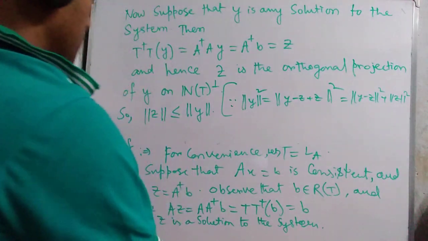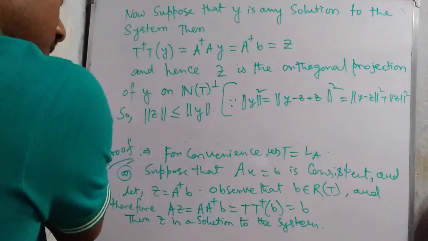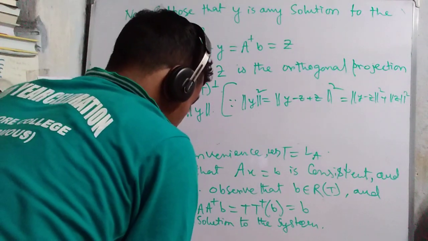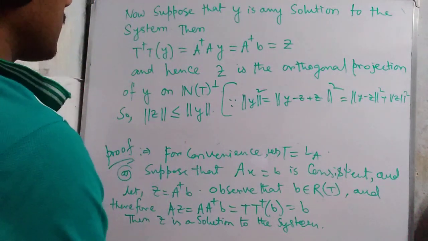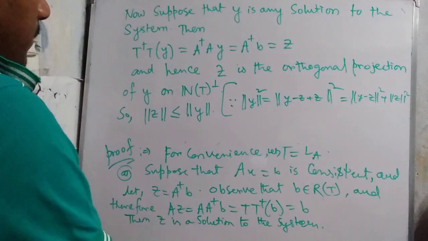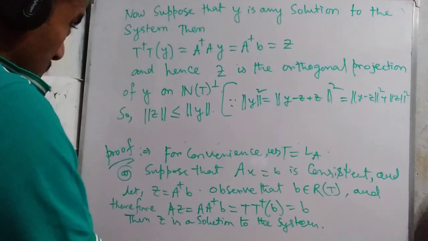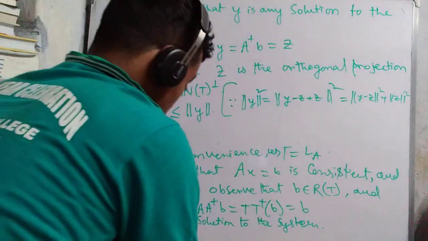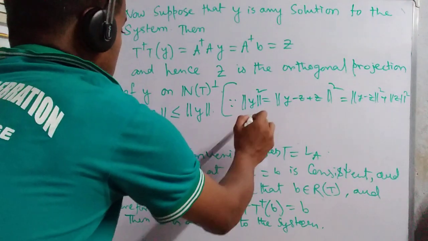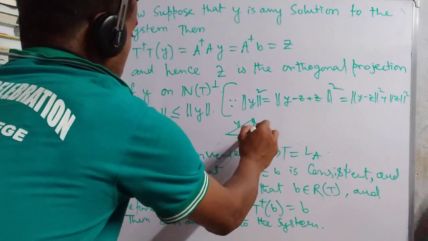Since what? That means y difference z. Okay. Here if y be any solution and z be any solution, then y difference z is perpendicular to z. Okay. So in this way we write it here y, z and y difference z. Okay.